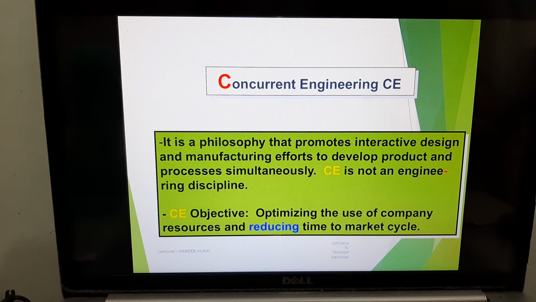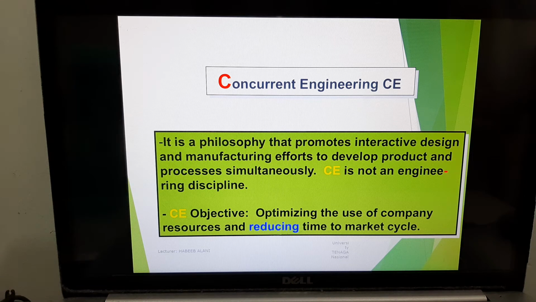If you go into any manufacturing company, you go into Sony today, you go into Panasonic, you go into Proton, all of them have basically a standard manufacturing practice that they follow.